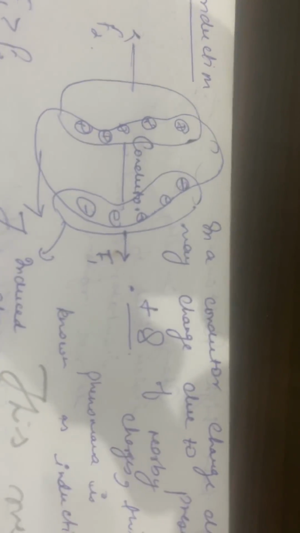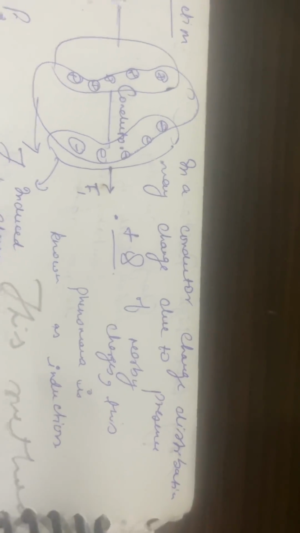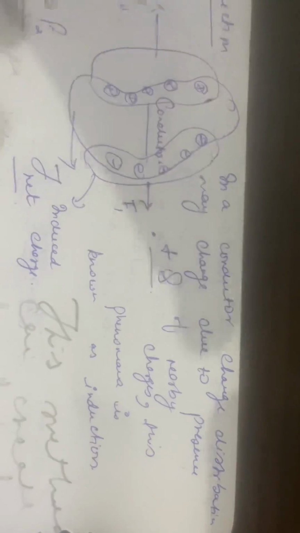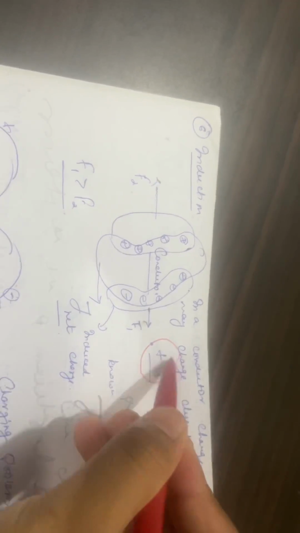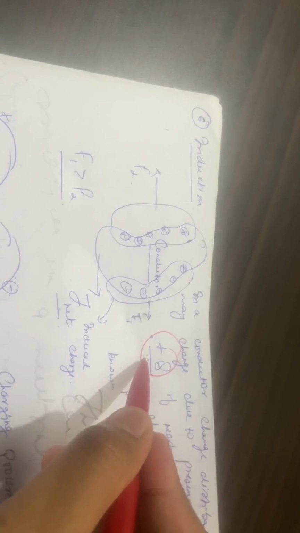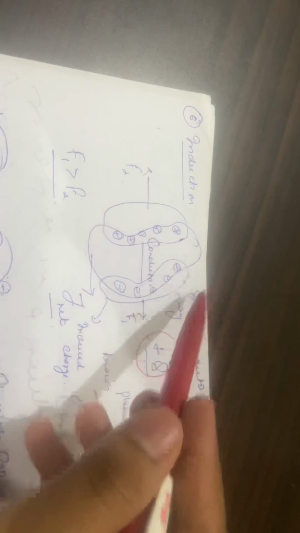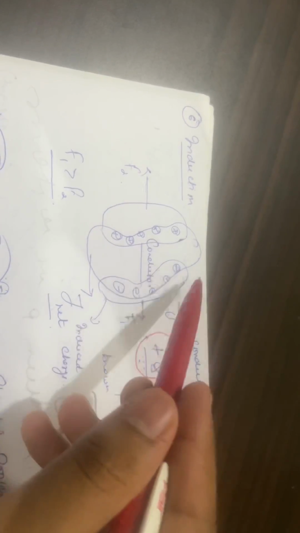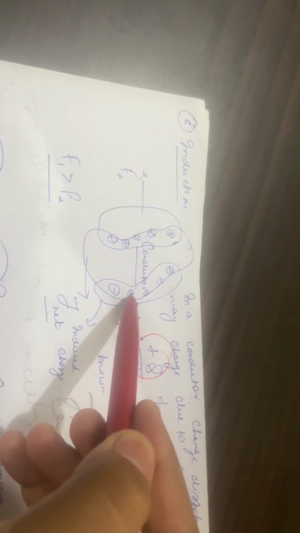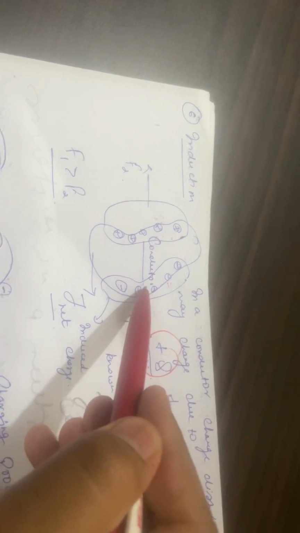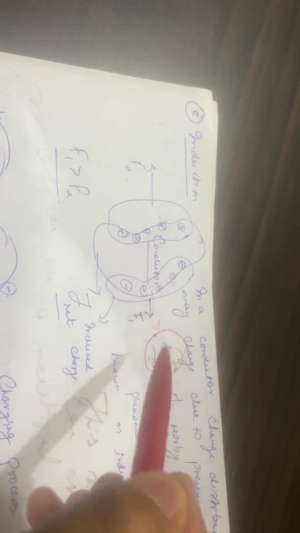Induction. In induction, charge is induced. For example, there is a plus q charge. This plus q charge will attract electrons on the surface of the conductor, and electrons will gather on one side, due to which positive charge will appear on the other side, because they appear as poles.